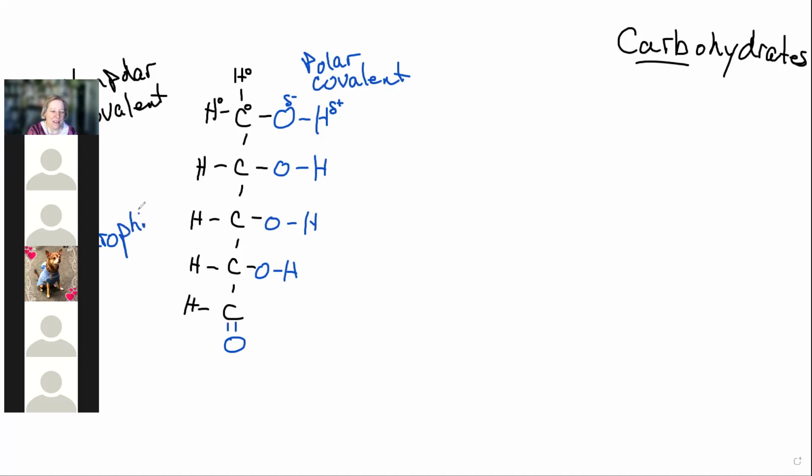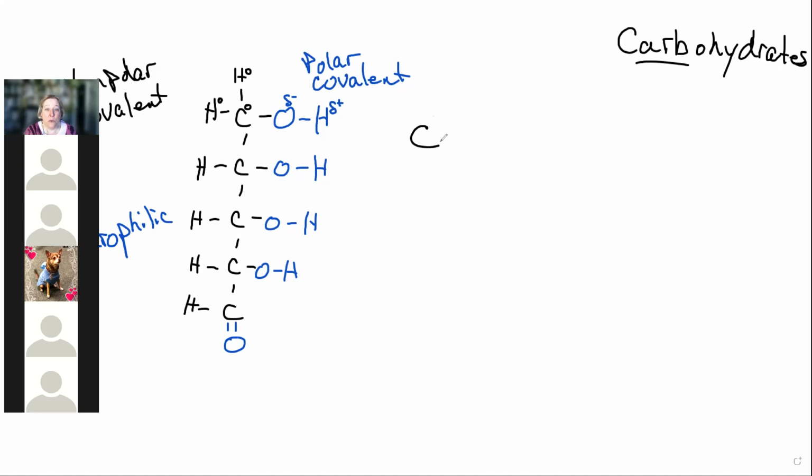Very good. Okay. And because I've got so many OHs, the fact that we don't have a charge on this side is overwhelmed by the charges on this side. So this molecule is not amphipathic. Okay. So if I count up the carbons, I've got 1, 2, 3, 4, 5 carbons.